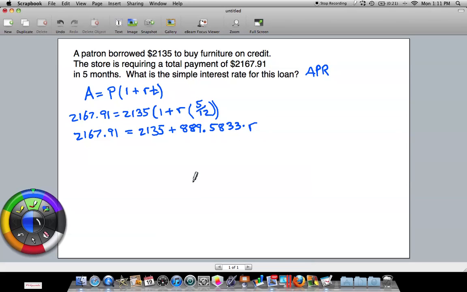Now, if we're going to use algebra to solve for r, we're going to take care of the number that is on the same side as r, but loose from it. So I'm going to take away the 2135 from both sides of the equation.